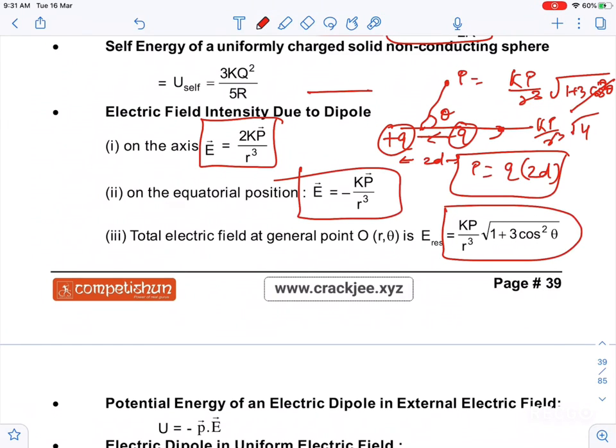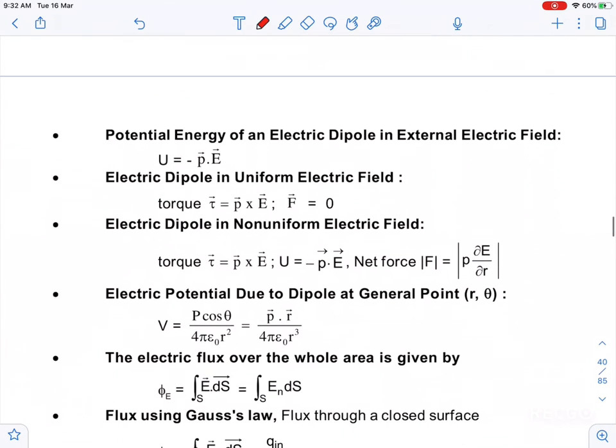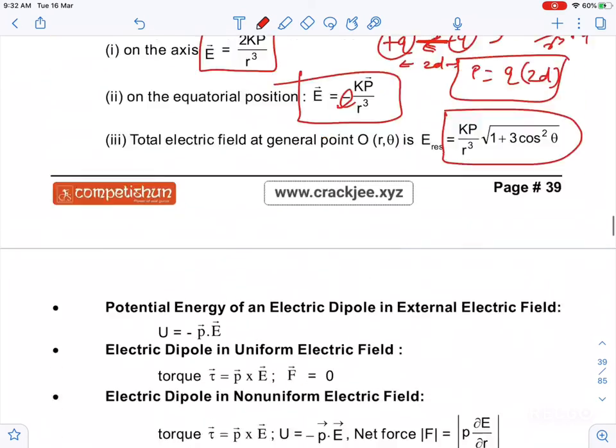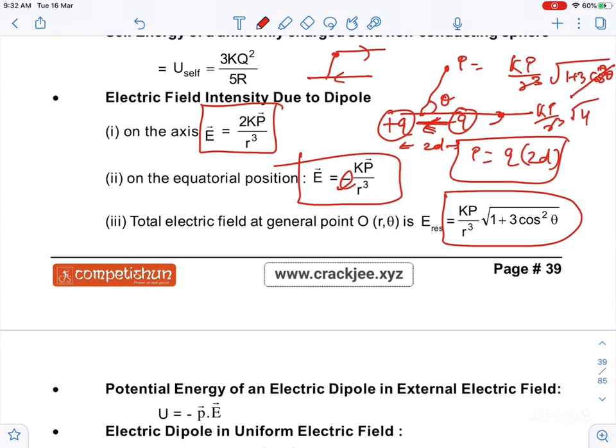Direction is opposite, meaning dipole direction is always from negative to positive, guys. Okay, don't confuse the dipole direction from negative to positive. So dipole direction is this one, so electric field in equatorial position is in the opposite direction, that's why this minus sign comes. So this result you can remember.